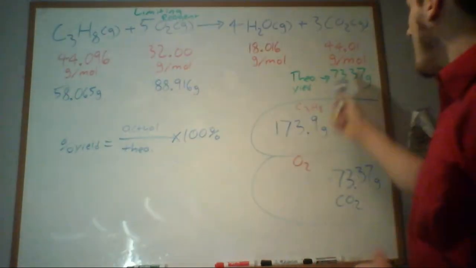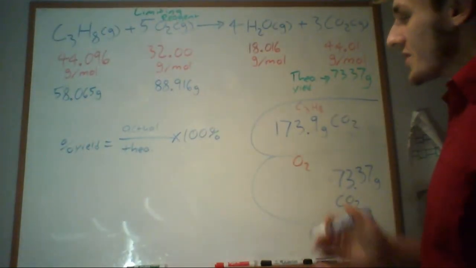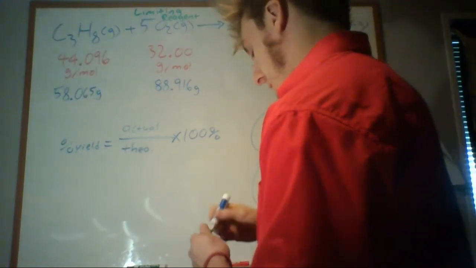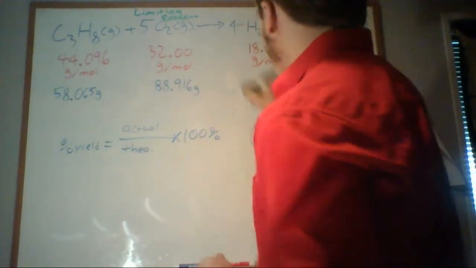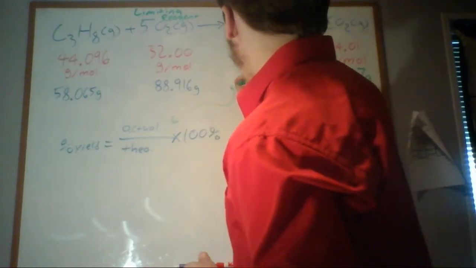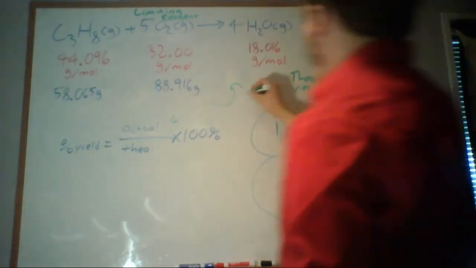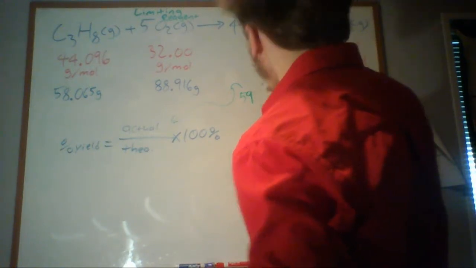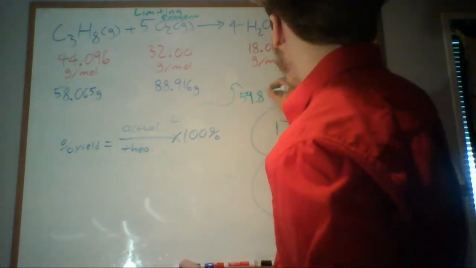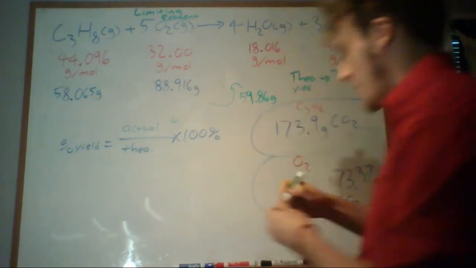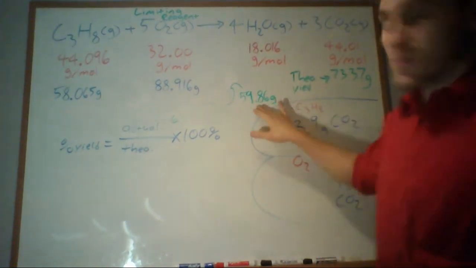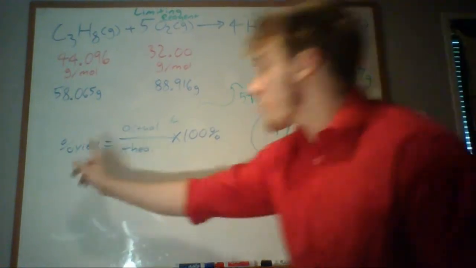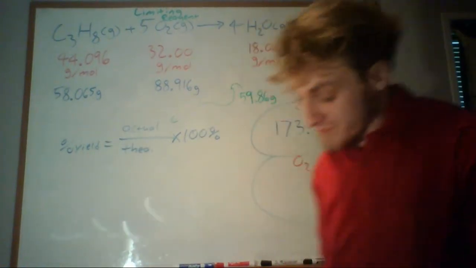So if this is our theoretical yield, why don't we say we have an actual yield of, let's say, 59.86 grams. Based off of your actual yield and the theoretical yield, what will the percent yield come out to?